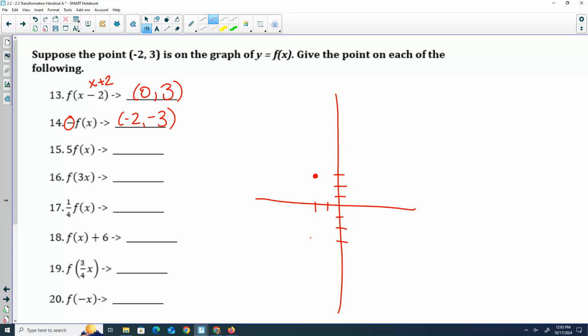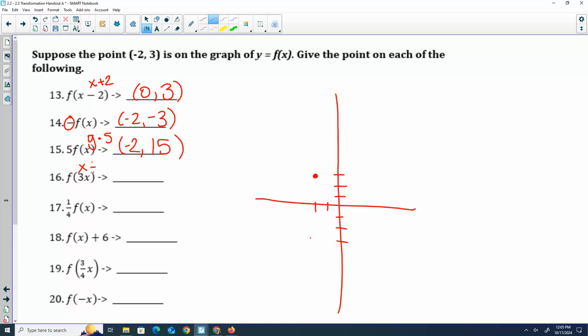Number 15. I am multiplying by 5. Outside is y, does what it says, so it's y times 5. So my x doesn't change. My y value times 5 becomes 15. Number 16. What am I going to do? Inside is x.